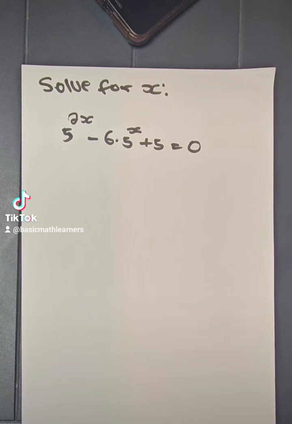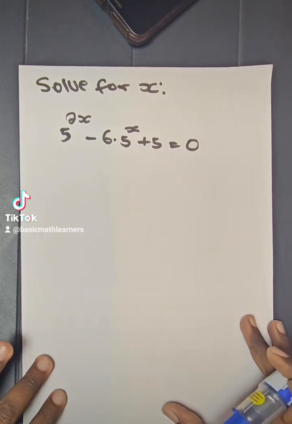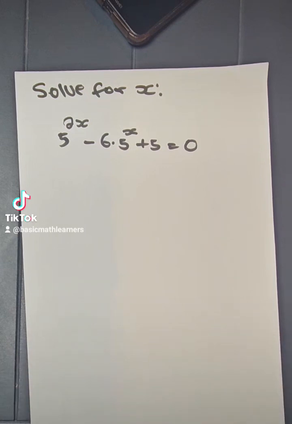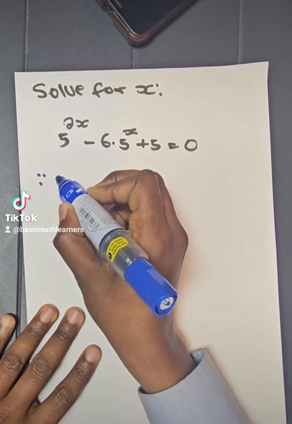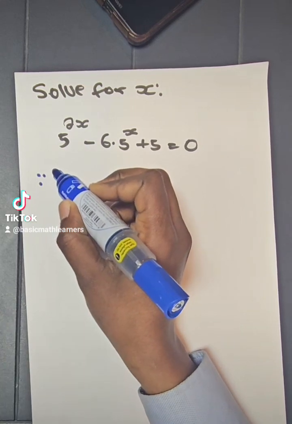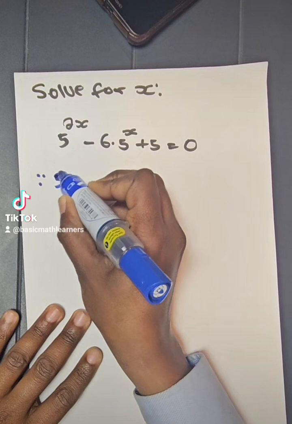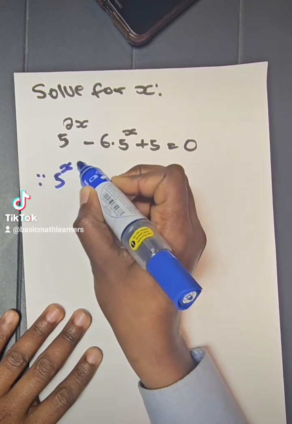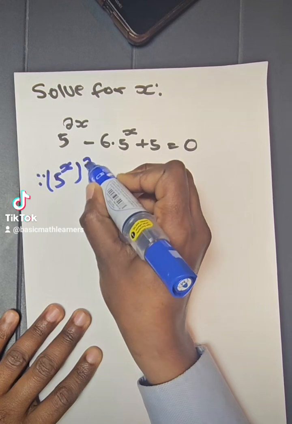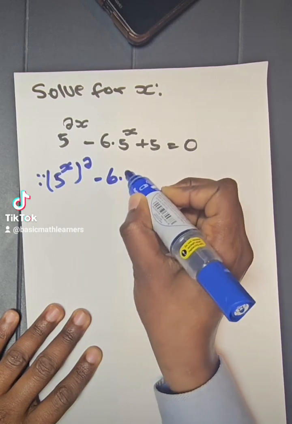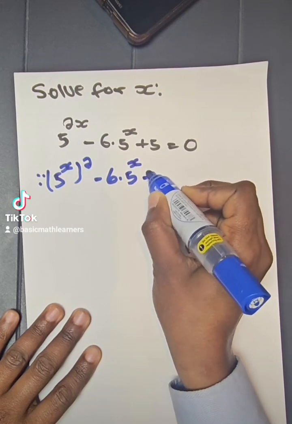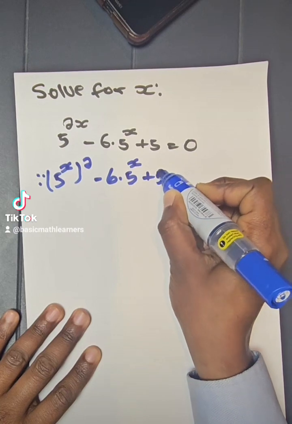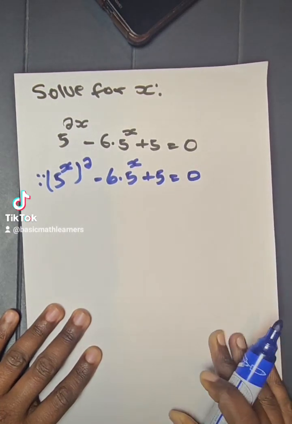So now if we look carefully at this, we see it's something that we know. So I'm going to write this one in standard form in order to show you what it is. So we're going to say this equals (5 to the power of x) all squared minus 6 times 5 to the power of x plus 5 equals 0.